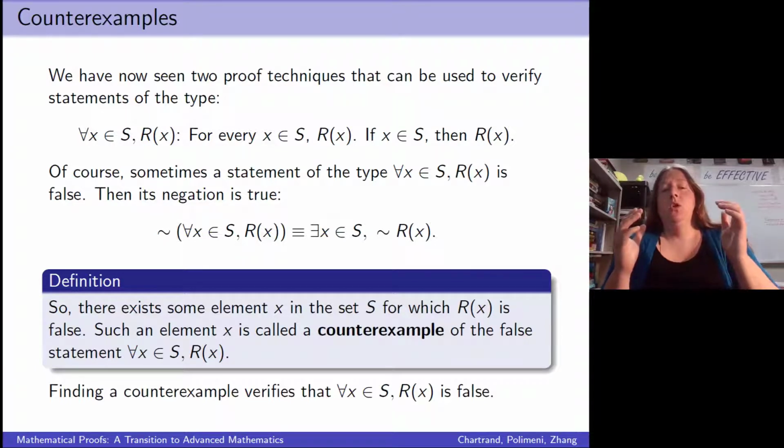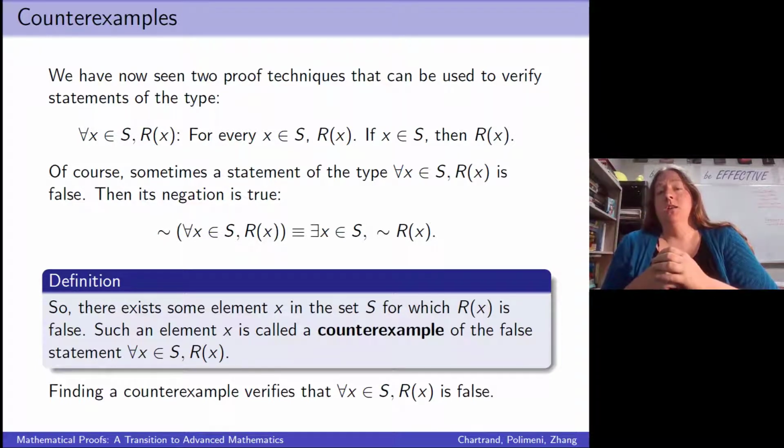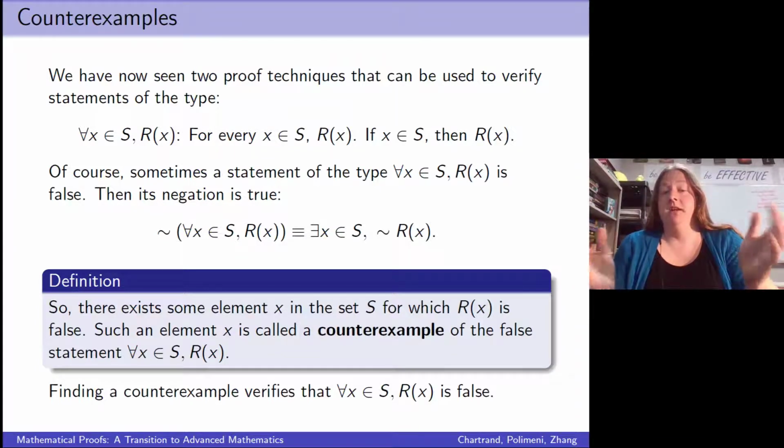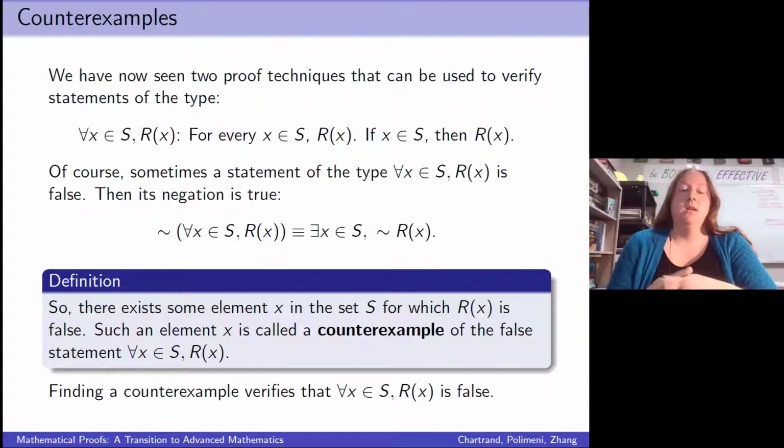So to prove a statement wrong, what we're doing is we're coming up with what's called a counterexample. So we're finding that element x in the set such that the result is not true.